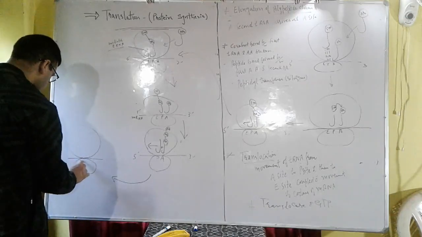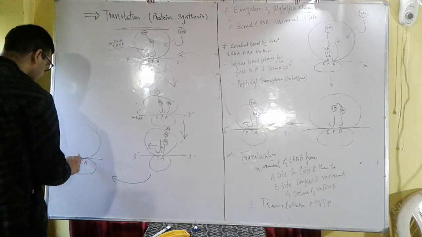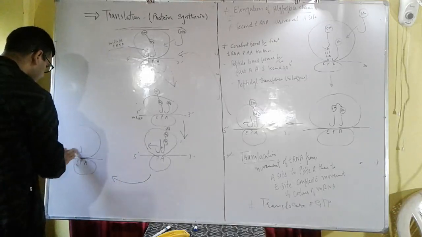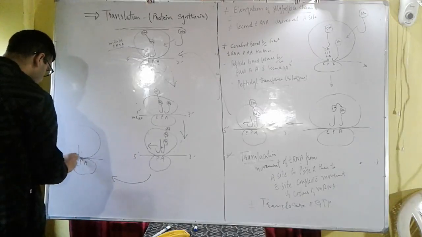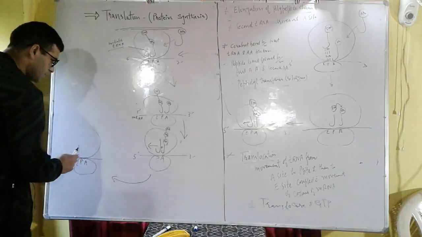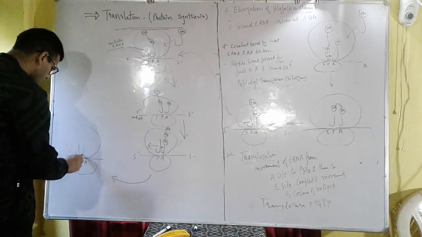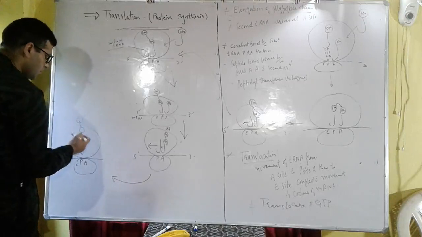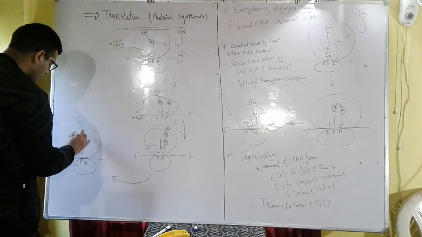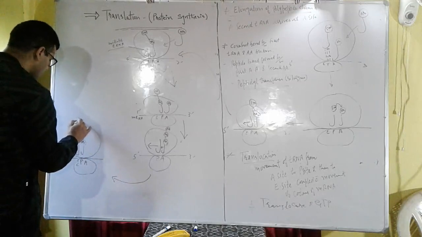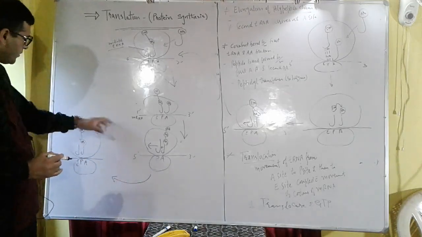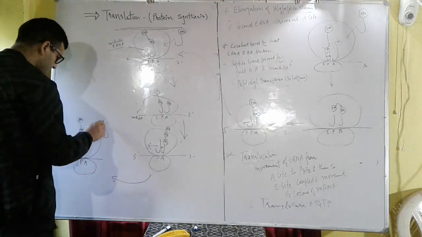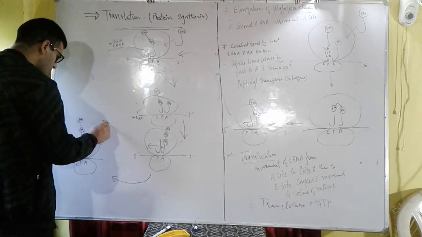So it would be like this. We have P site, A site, E site. At the P site we have three amino acids, amino acid 3, amino acid second, this amino acid first, that is formyl methionine. Now fourth tRNA will come, amino acid fourth.